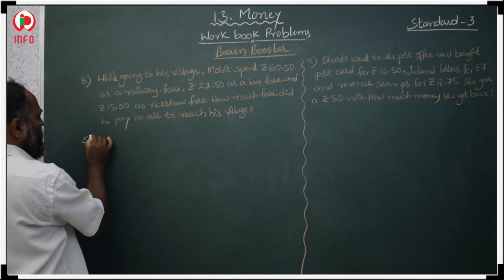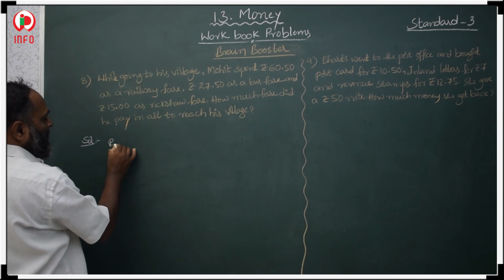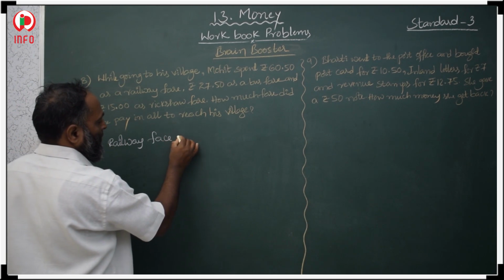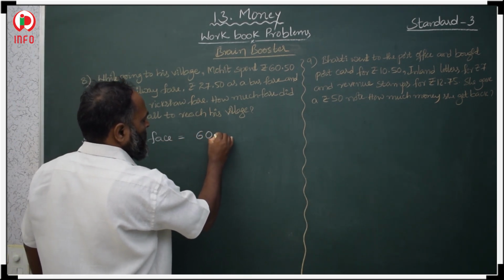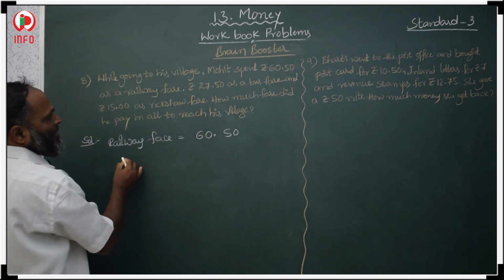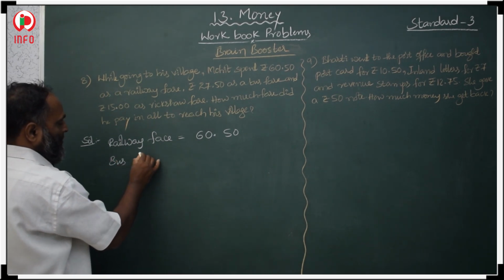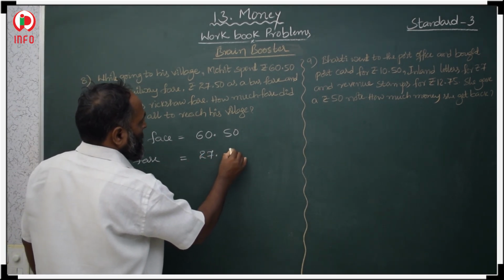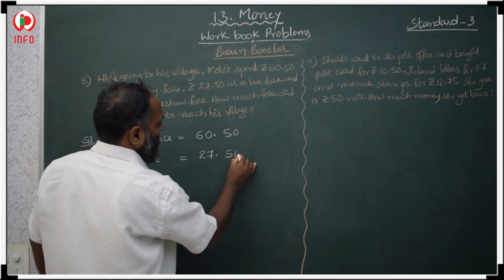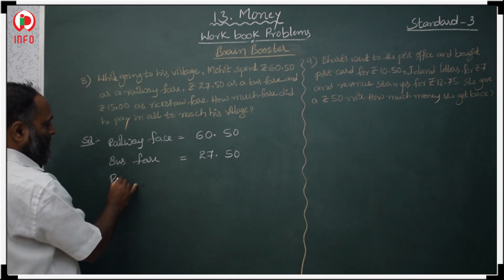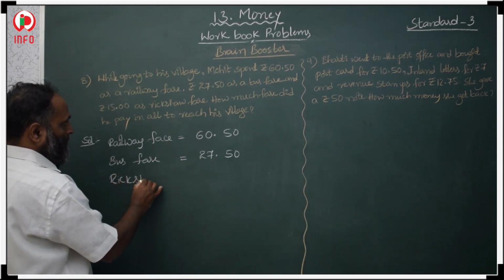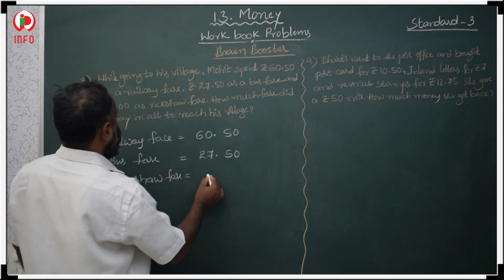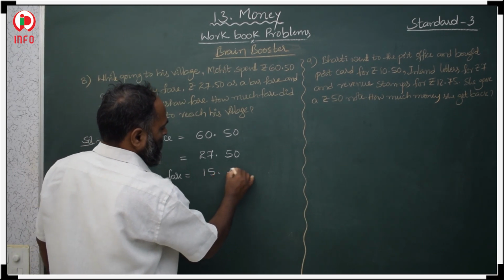Okay. First, the railway fare. That is 60 rupees 50 paisa. Next, bus fare. What is the bus fare? 27 rupees 50 paisa. Then rickshaw fare. How much? 15 rupees.